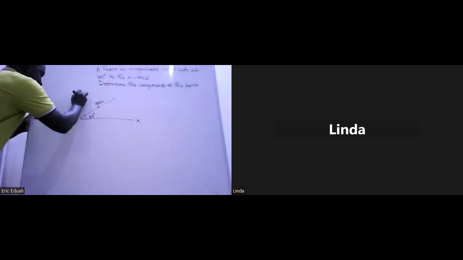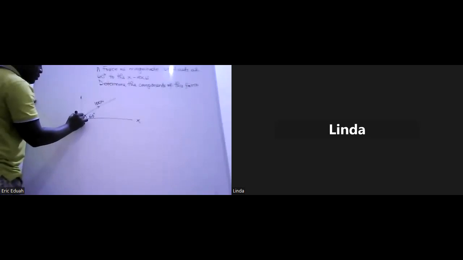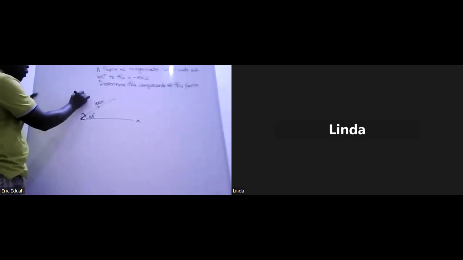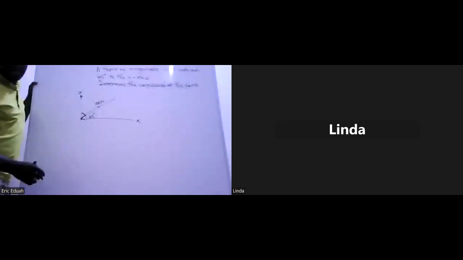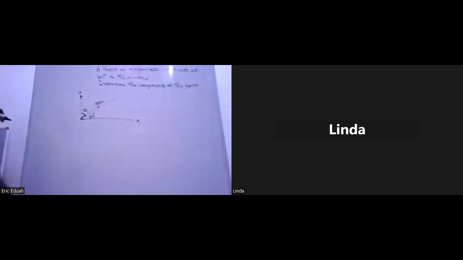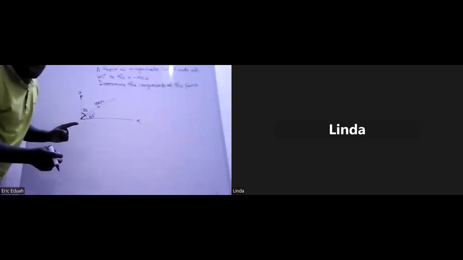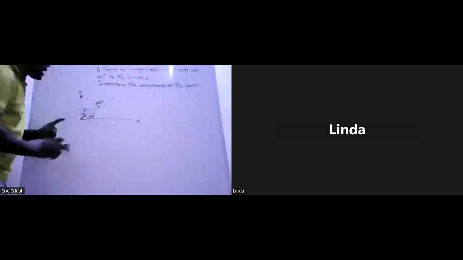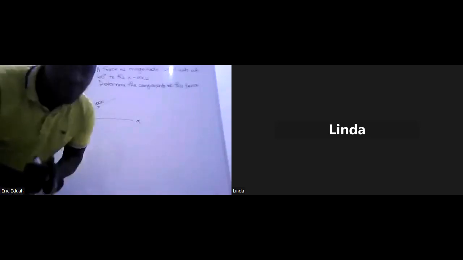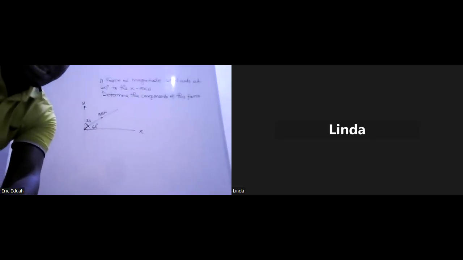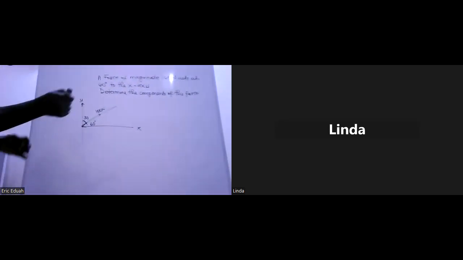But if this is the x-axis, then the remaining angle it makes with the y-axis is 30, correct? Yes. Okay. So we are going to use both the angle it makes with the x and the y for the resolution, and we need to have the same results.